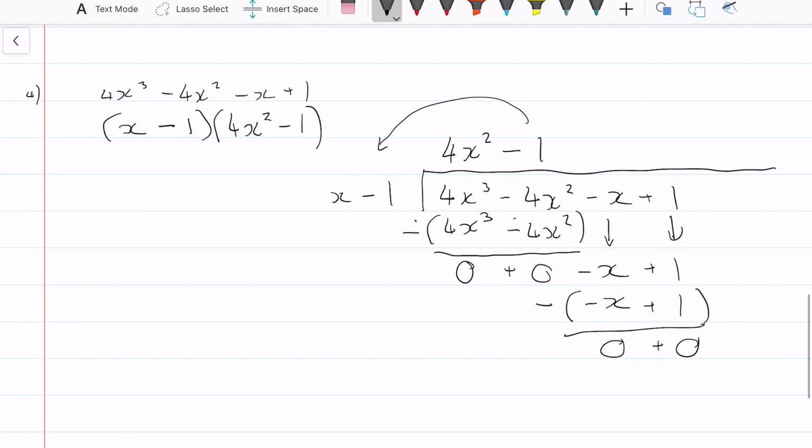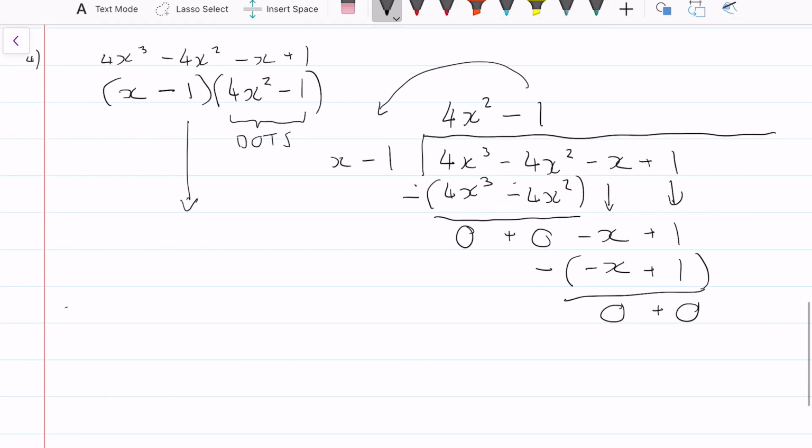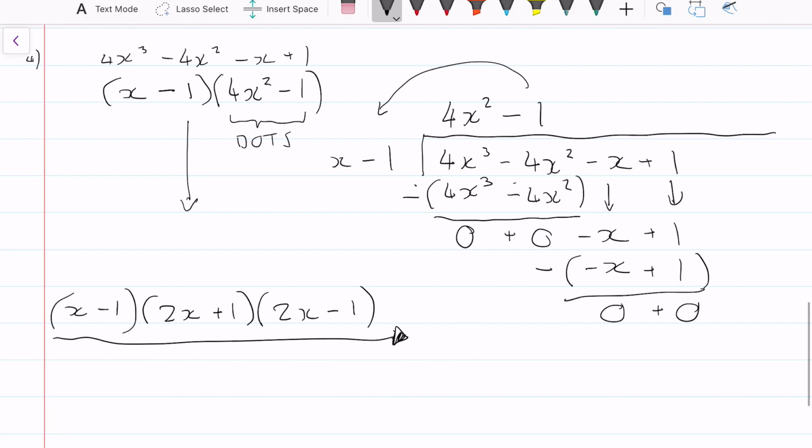Okay, so unfortunately this question isn't done yet, so we know that 4x squared minus 1 can be simplified more using difference of squares. And I've explained this in a previous video, so this simplifies to x minus 1 times 2x plus 1 times 2x minus 1. And that is the final answer.